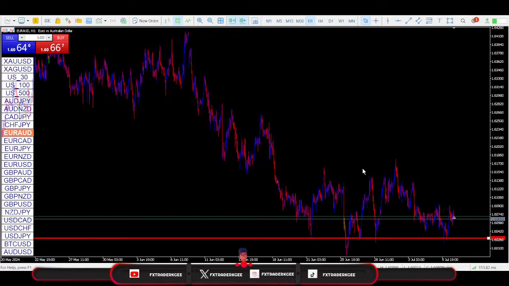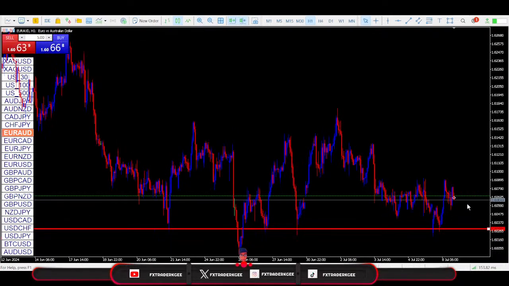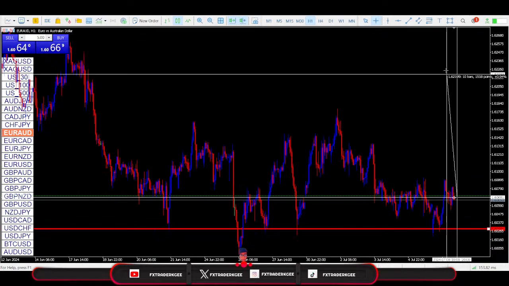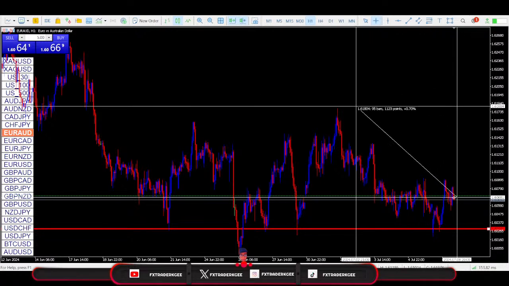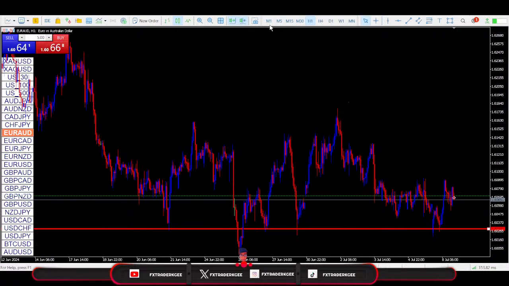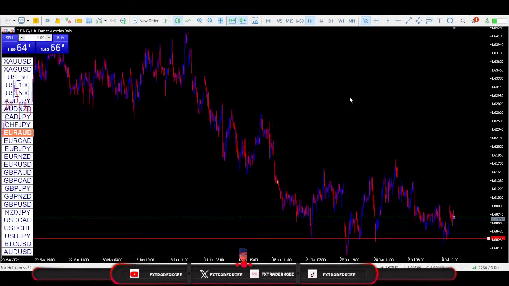So if it goes in that direction, definitely I should be looking at 50, 60, 100 pips for myself. And if it doesn't, it's still all well and good. There is no perfect system, or no perfect trade methodology anywhere in the world. And this has been good to me, and good to every member of the FX Trader KG community.